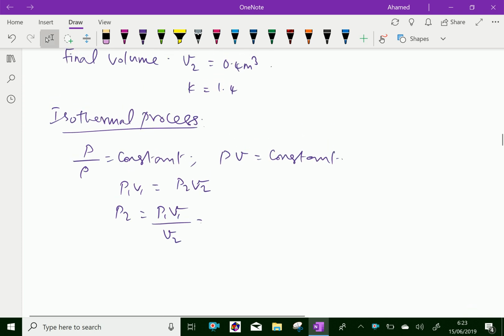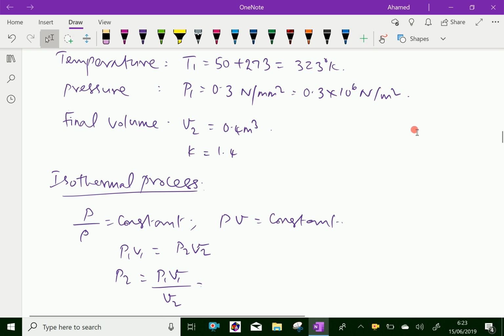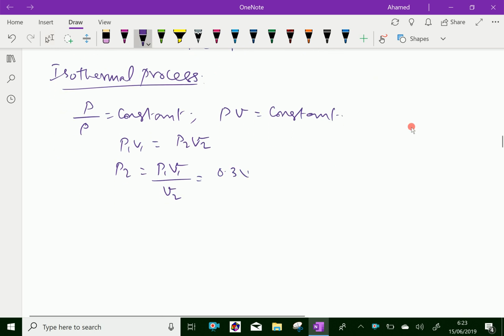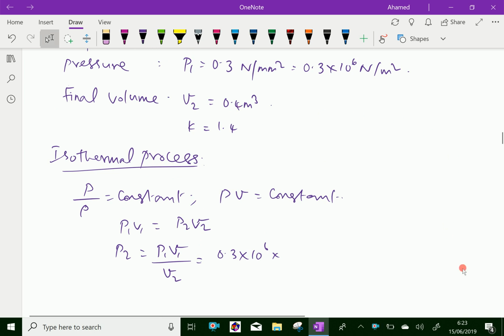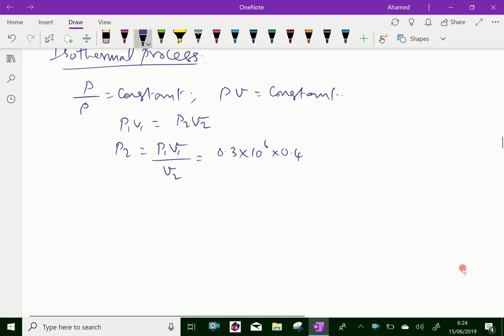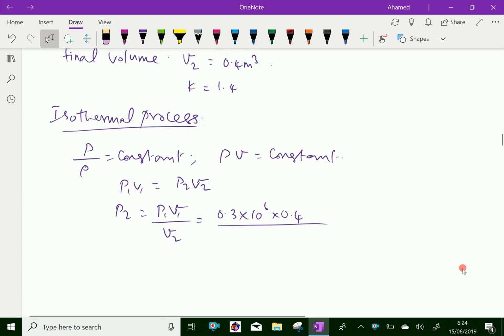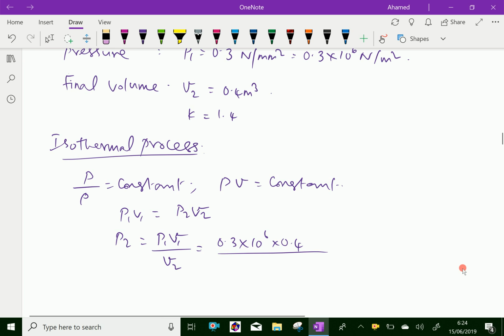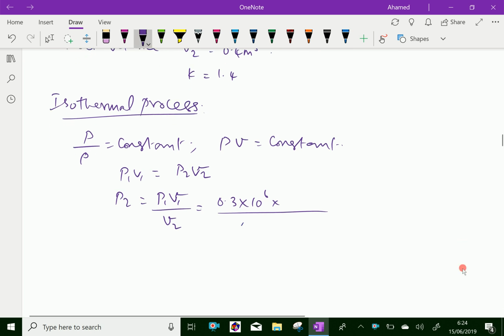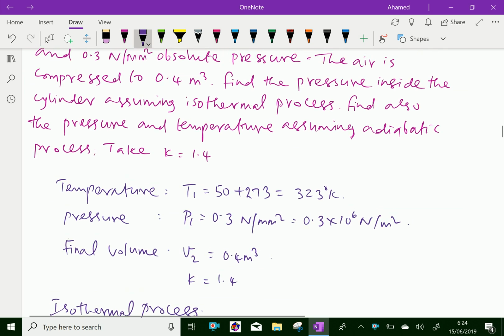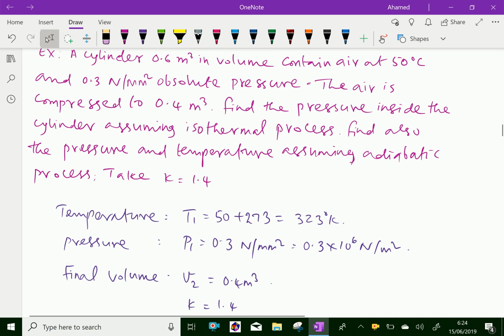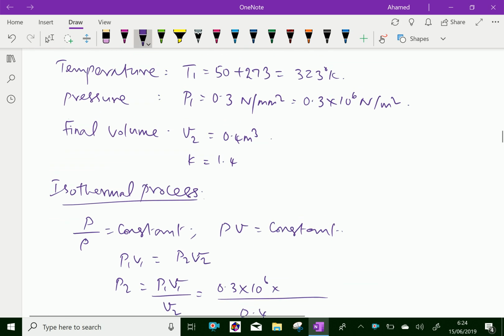Now we have P1 equal 0.3 into 10 power 6, V2 equals 0.4 meter cube, and V1 equal 0.6 meter cube.